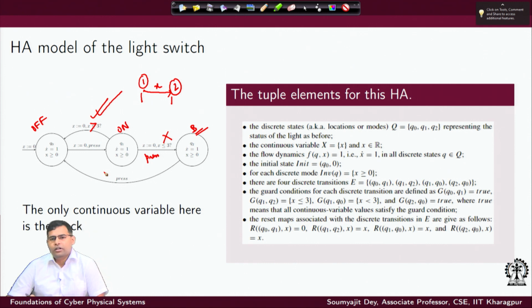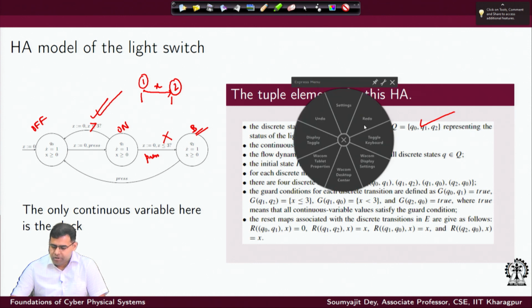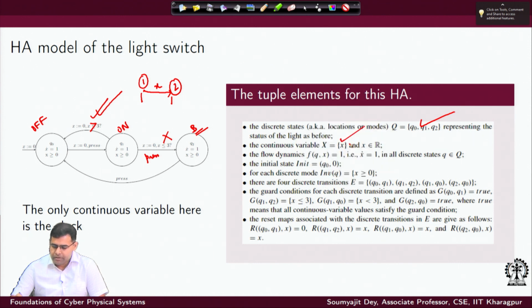Okay. Now, if we want an overall description of this hybrid automaton tuple, let us see what it should be. So, you have 3 discrete states, right. So, this Q set is this, and you have only one continuous variable, x.